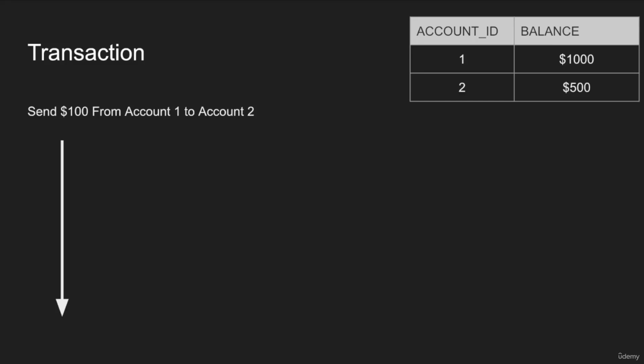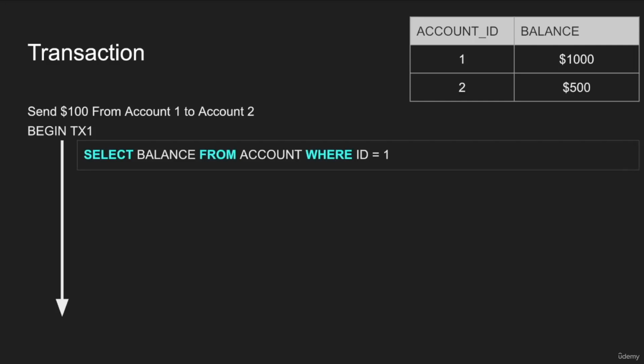But effectively, here's what you do. You begin a transaction, and then we select the balance from the account table where ID equals 1. So now I have 1,000. First of all, in order to debit this account, I need to check if this person even has enough money. We don't want to go into a negative balance. That's part of the rules and constraints that we put in place.